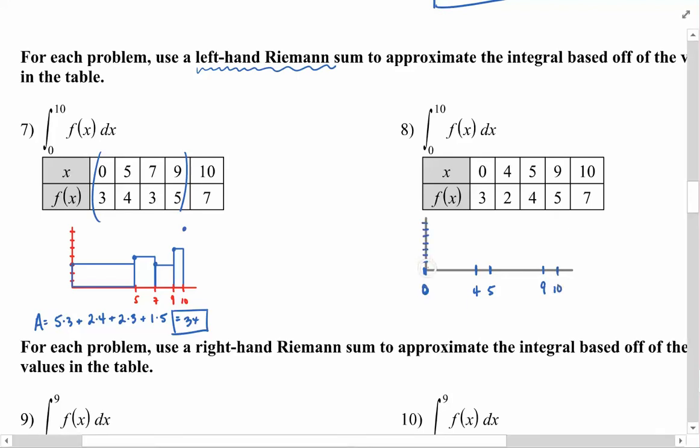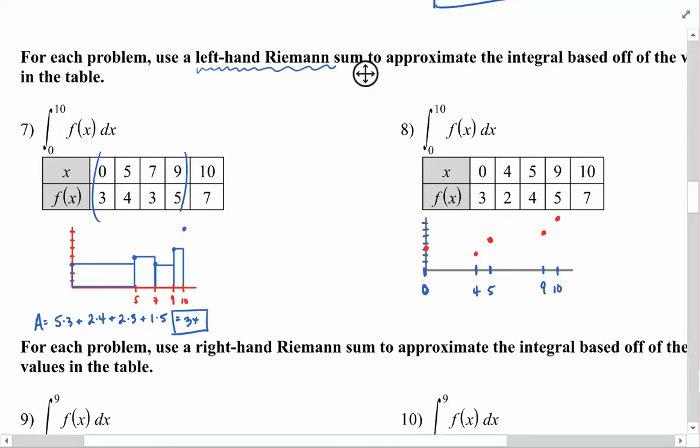And I just counted up by ones along the y-axis. And now I'll actually place some points for each of these coordinates. So (0, 3) is going to be a point, (4, 2) is a point, (5, 4), (9, 5), and then (10, 7).